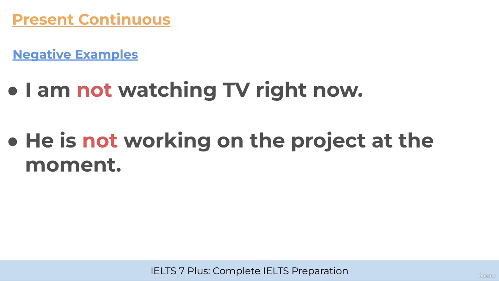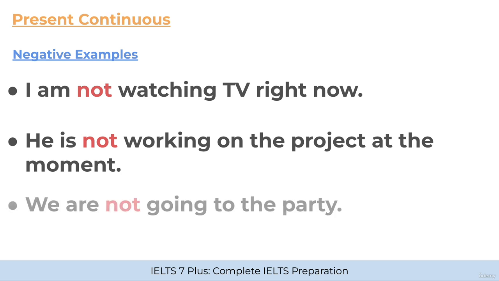He is not working on the project at the moment. We are not going to the party. So this works for all subjects. You don't have to worry about whether they're singular or plural. You can put not after the verb to be here for the present continuous.